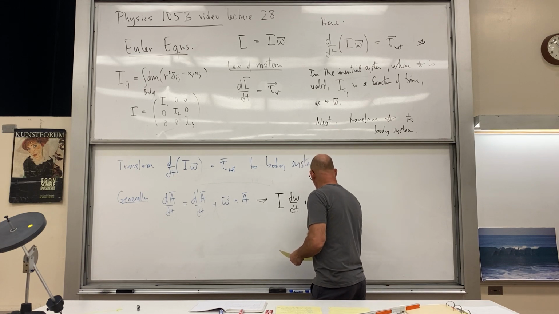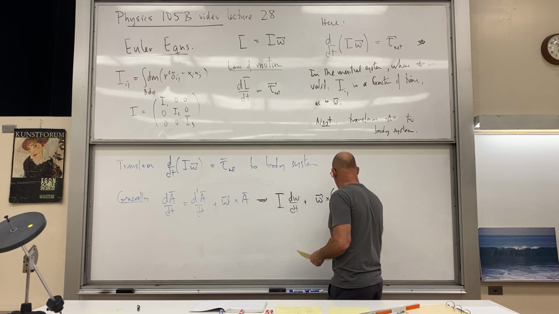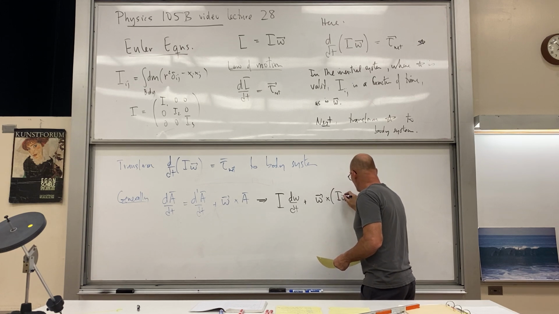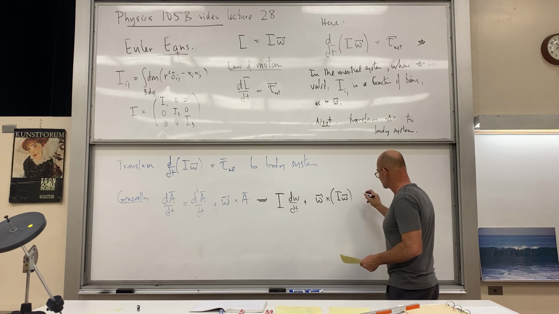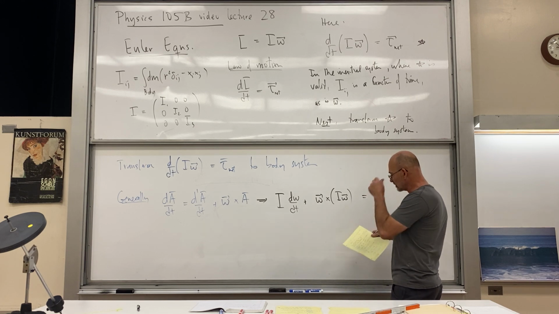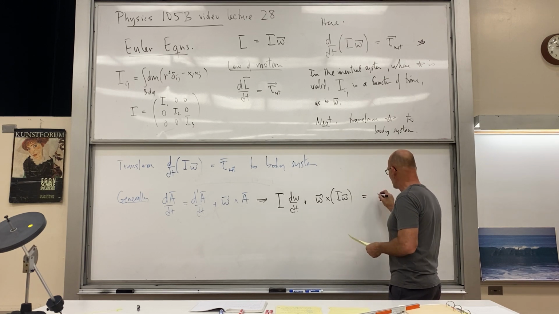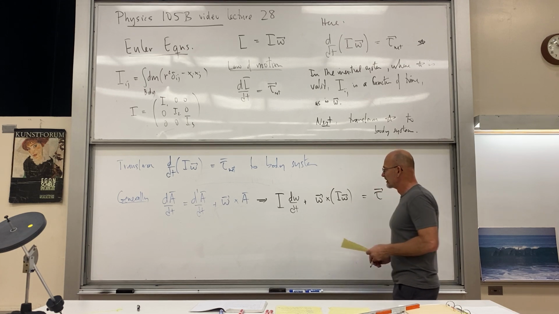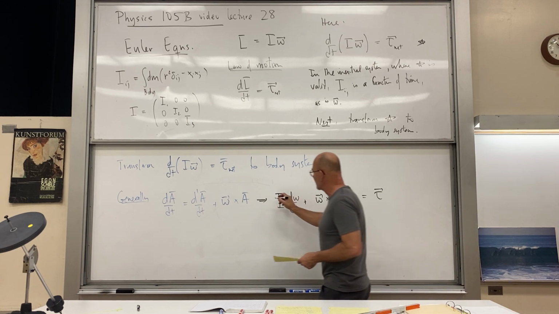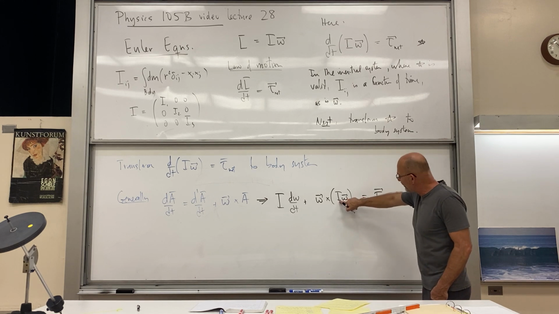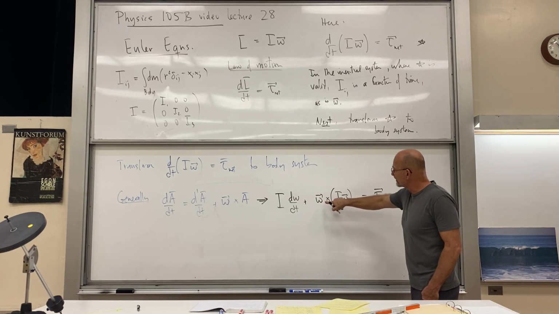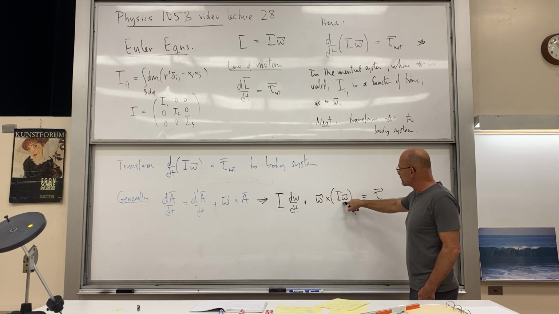Then we're going to add omega cross I omega, equals tau. So that's the translation. And now we just have to work this out. So this is matrix times vector, and then the cross product of vector omega.